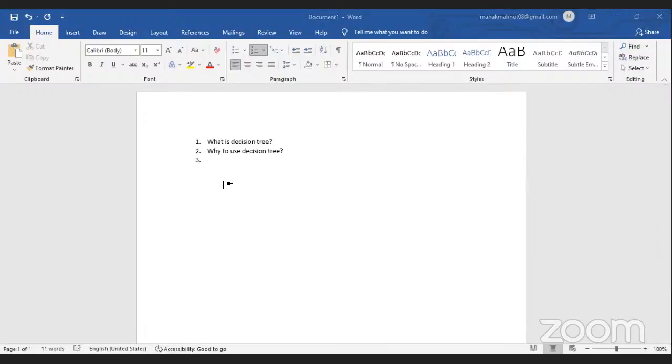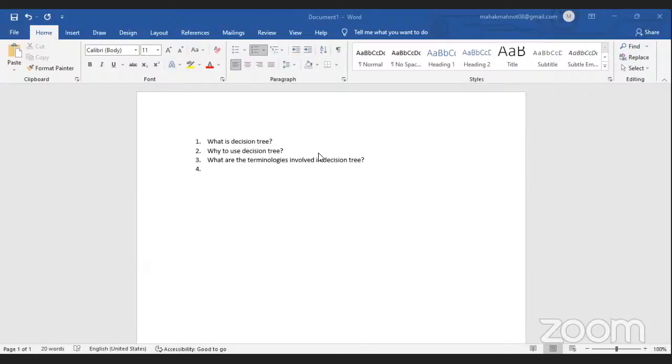Next question: what are the terminologies involved in the decision tree module? Basically there are four or five terminologies.